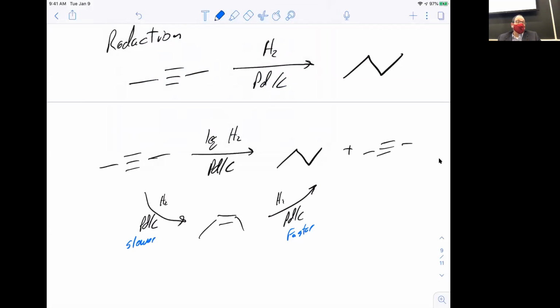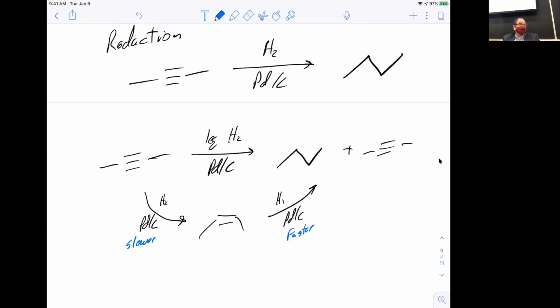So if I only try to use one equivalent of hydrogen, as soon as I convert one of the alkynes into an alkene, it then reacts with another hydrogen to go all the way to the alkane. So if I try to use only one equivalent of hydrogen and palladium on carbon, I end up with the fully reduced alkane and unreacted alkyne. Therefore, it's not an effective way to stop.